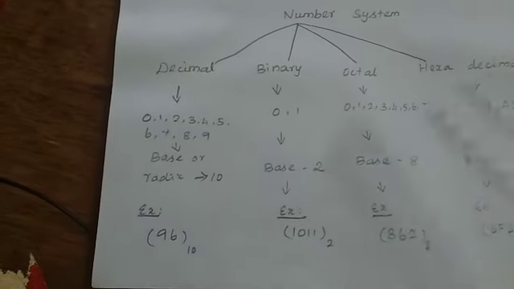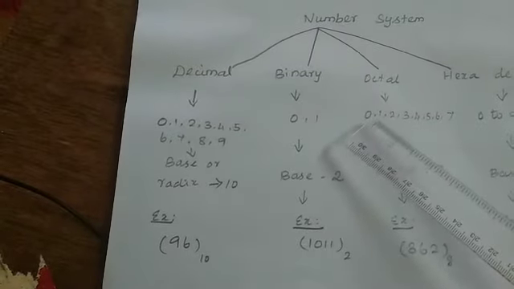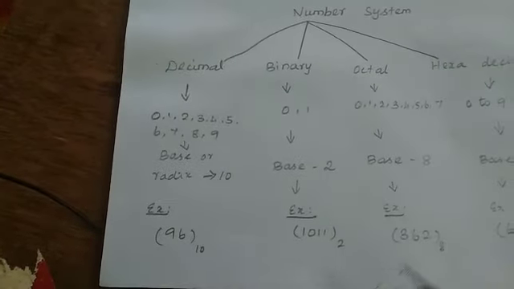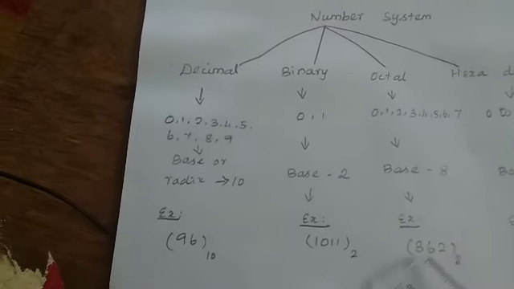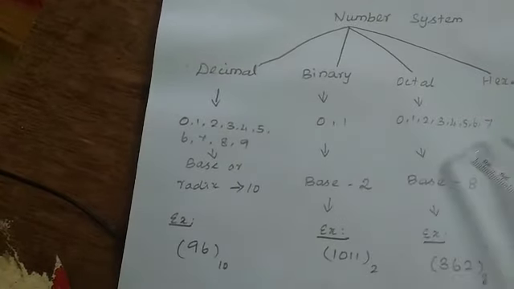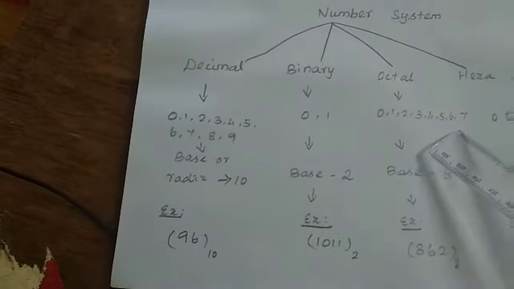This is called the octal number system. Whenever we write an octal number, it has digits between 0 to 7. For example, 862 is not an octal number. The octal system contains 0 to 7 only, so we have to write digits in between 0 to 7.